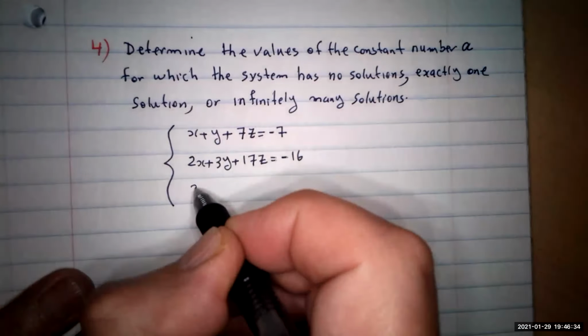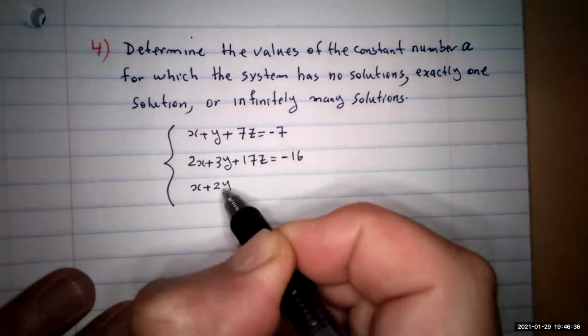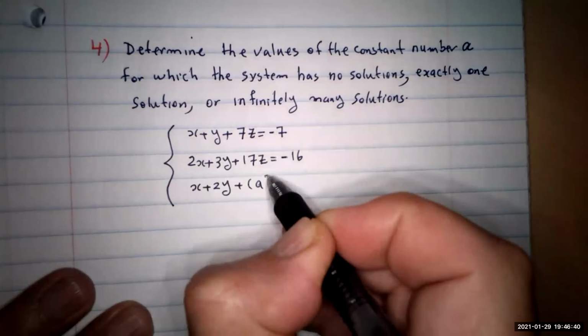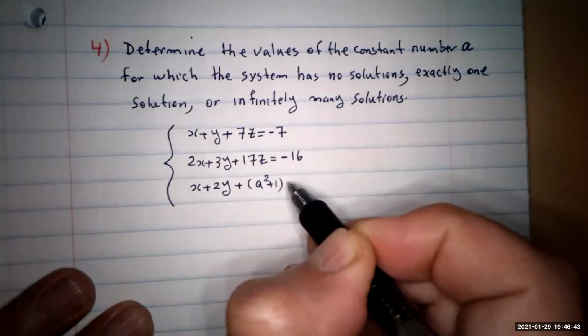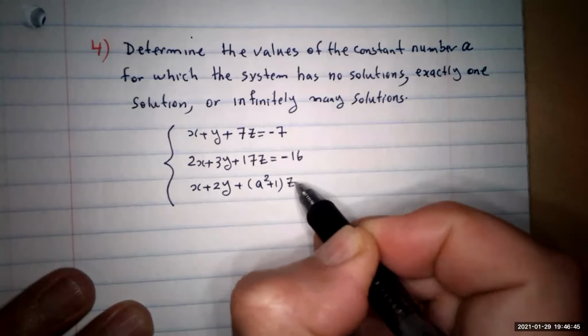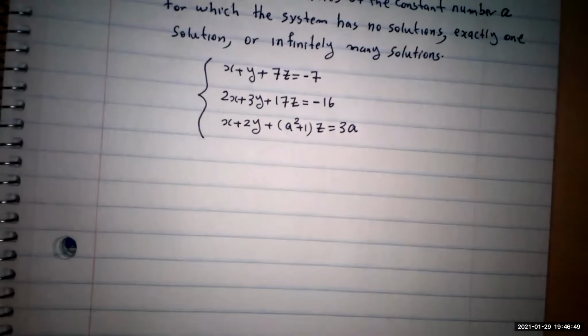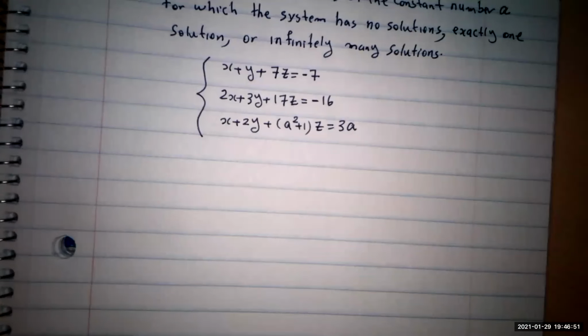And the third one is x plus 2y plus (a squared plus 1) times z equal to 3a. You see, you have a parameter a.